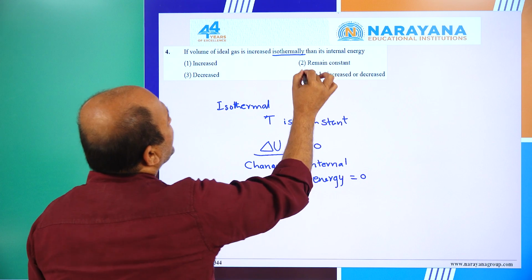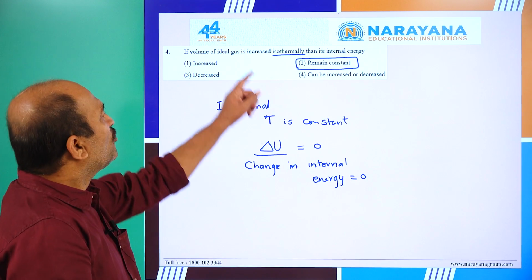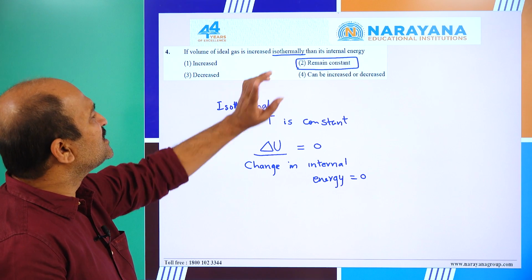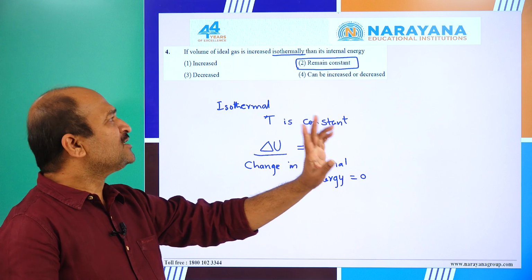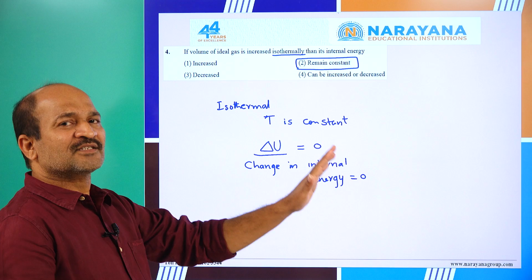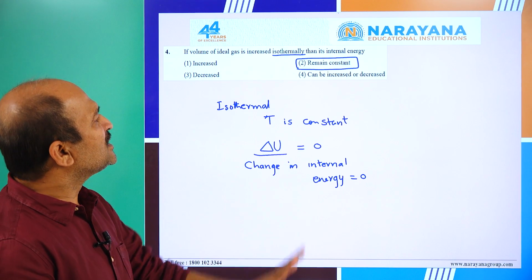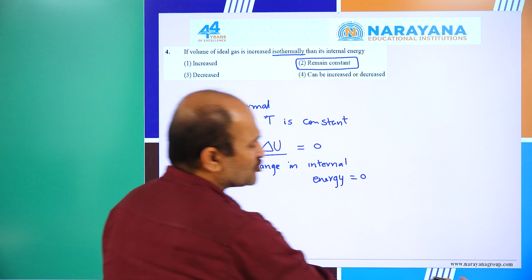So the right answer is remains constant. Very simple question, be careful. Under isothermal conditions, temperature is constant. When temperature is constant, internal energy remains constant. Change in internal energy is equal to 0. Go for the next question.